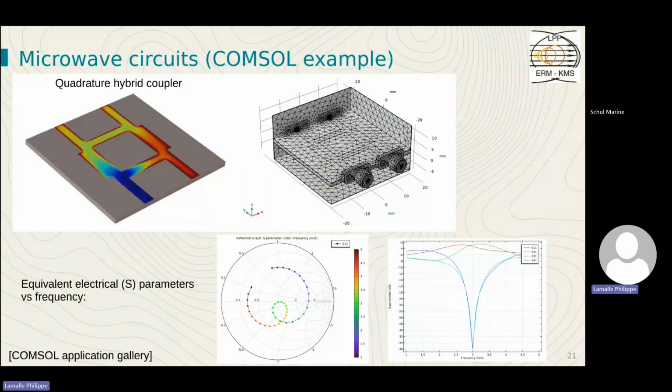Microwave circuits, this is another example, a very small component, modeled in great detail, and the plots on the bottom show you the equivalent electrical parameters, which are called the scattering parameters of this hybrid junction.